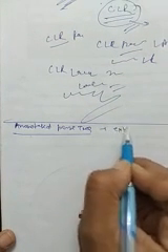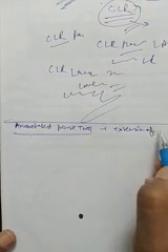So for finding the annotated parse tree, you can say that it is an example, or it is an application of the syntax directed translation. So we have to find the annotated parse tree. Annotated parse tree is nothing but an extension of the parse tree.